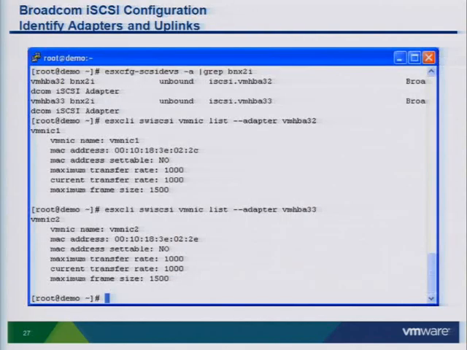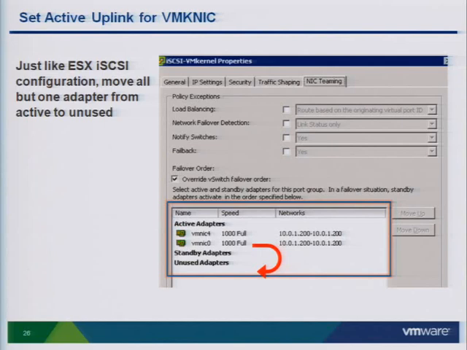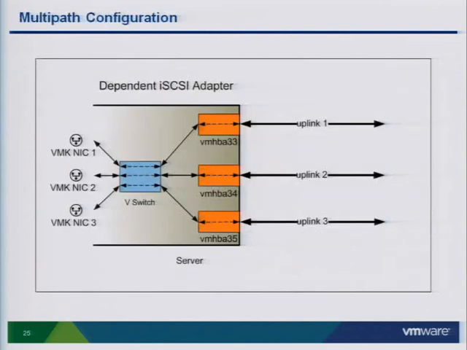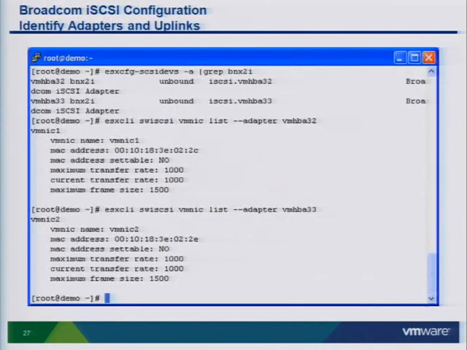One of the issues that you'll run into here is that you need to actually know which VMKNIC is going to be associated with which vmhba. So there are command line options to allow you to do this. esxcfg-scsidevs will show you a list of what Broadcom adapters are actually in your system and which vmhbas are associated with them.